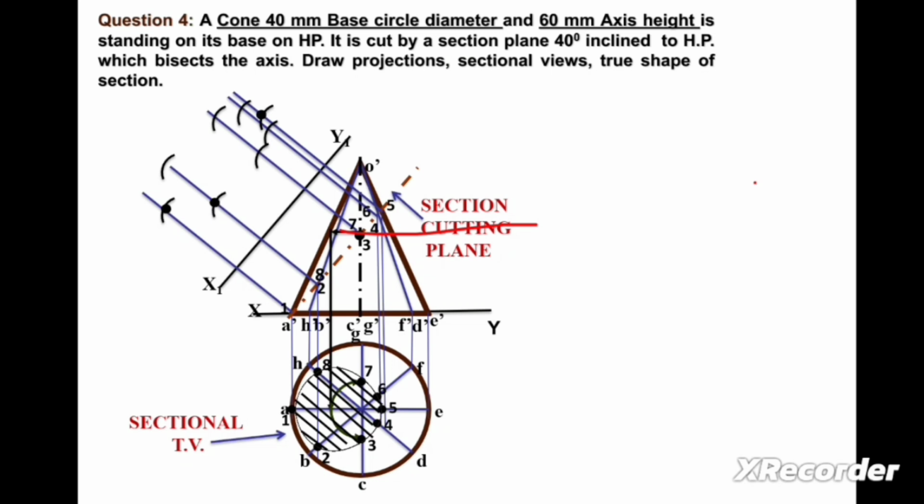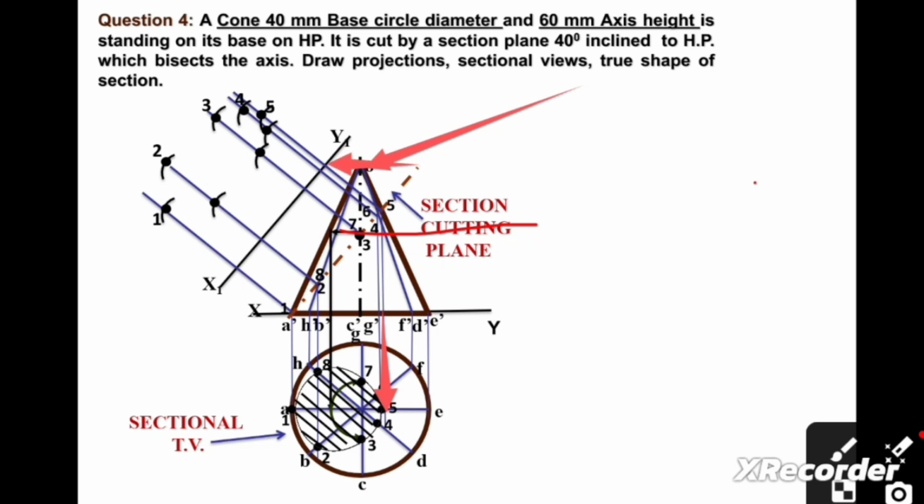We can mark these numbers as shown in the figure: 1, 2, 3, 4, 5. To get point number 5, we take the radius from the XY line to point number 5, this much radius. Consider this point as the center point and draw an arc.